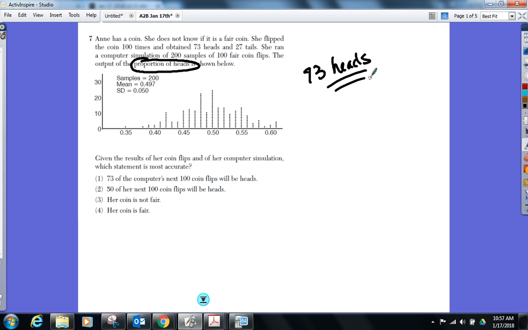So that's an unlikely occurrence, right? So probably something was up with her coin. That's why we said her coin was not fair. Just see, 73 is not on there. Okay, so unlikely occurrence.